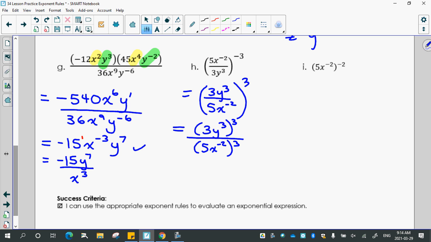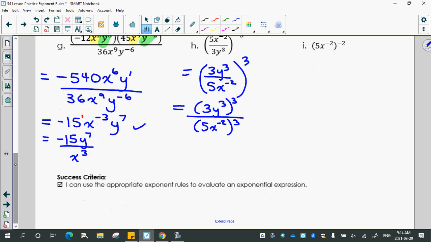So this power of 3 applies to the coefficient. So 3 to the power of 3 is 27, not 9, which is another common one, but that's just an accident really, but you're still thinking you're applying it. Y to the 3 times 3, which is 9.